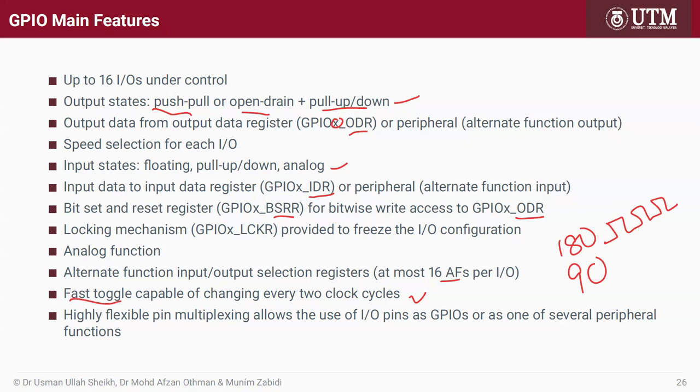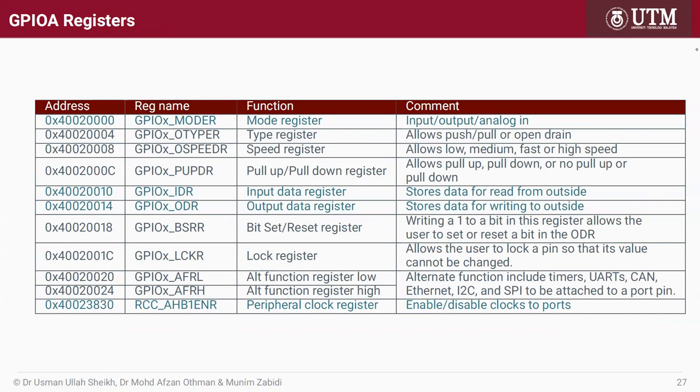Because of the alternate function, we have multiplexing so that each pin can have multiple functions. So if you want to use the GPIO, these are the registers that you have to know. Any register with GPIO in front, plus you have to put some character here.